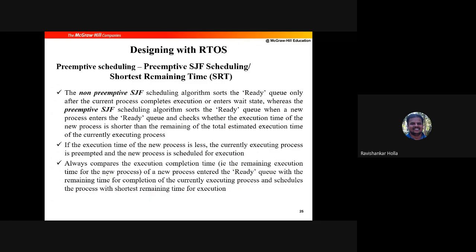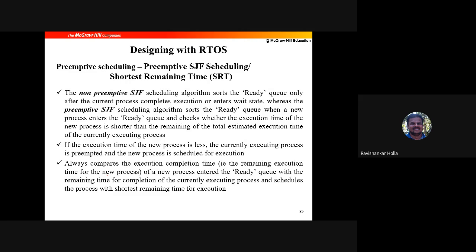The first preemptive-based scheduling which we will study is shortest job first. The name holds good for the non-preemptive one, because once the task is scheduled, it will get executed for the time frame which it requested.